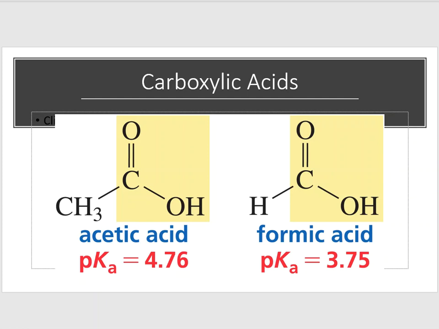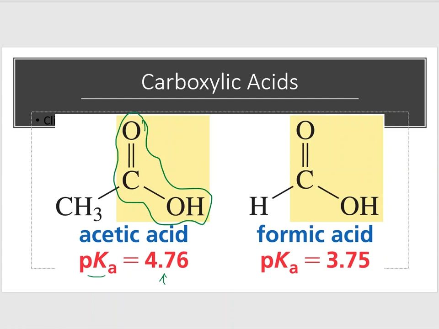It's probably in your pantry at this point in time, and that is classified as a carboxylic acid. Again, the reason is because of this C double bond O, OH group. Acetic acid has a pKa of 4.76. We've used this before in the past. That's why that number seems familiar. It's been in some of our previous example problems and equations, but this is an example of a carboxylic acid.